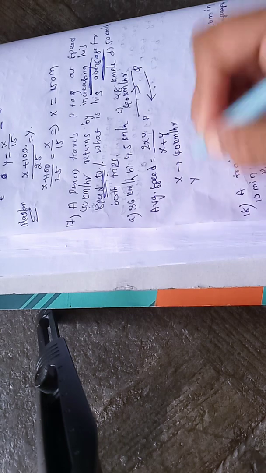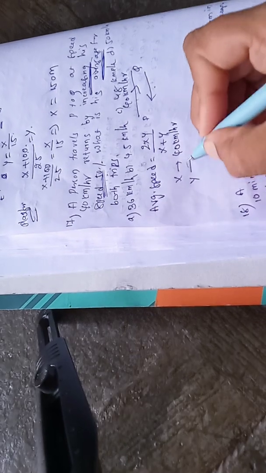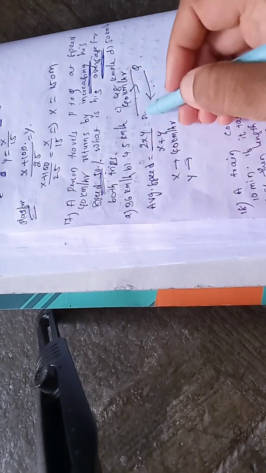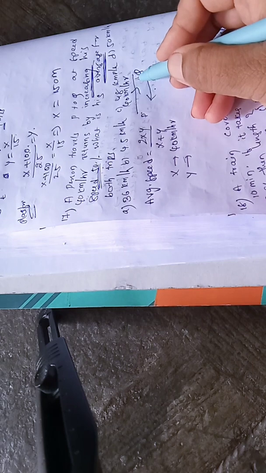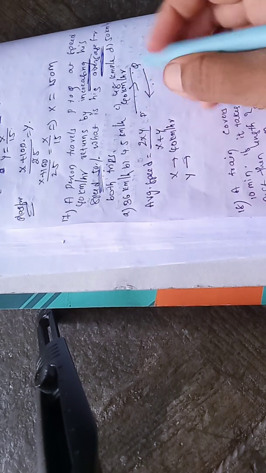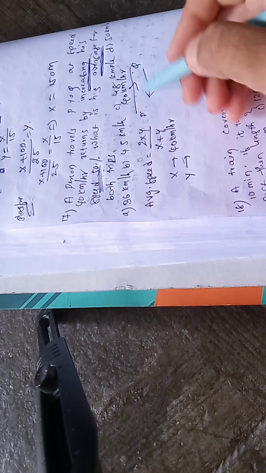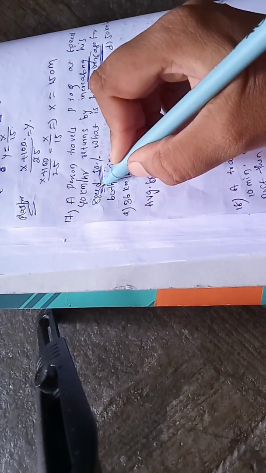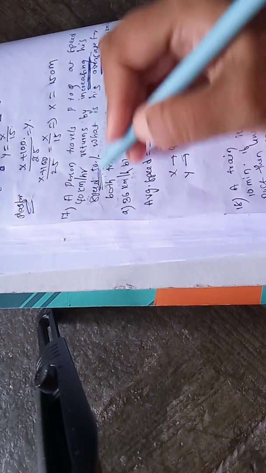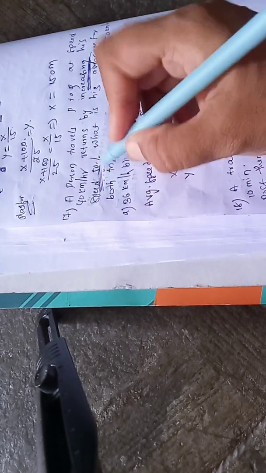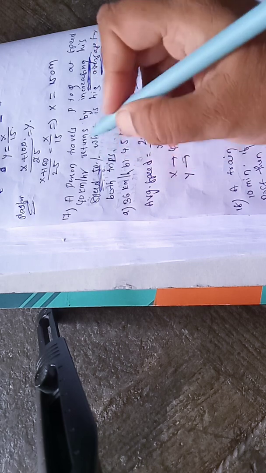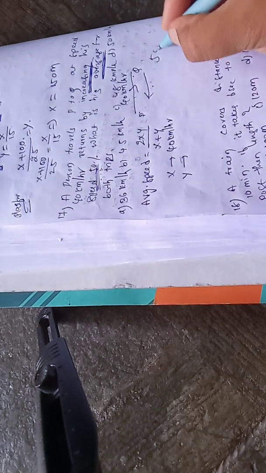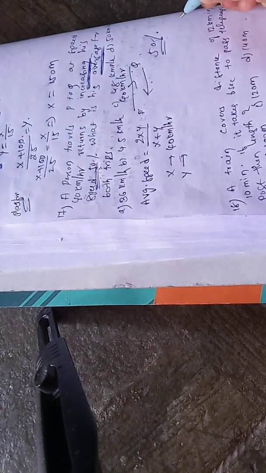He went from P to Q at 40, and again from Q to P. How is it in the return journey? His speed is increased by 50%. How much did he increase? 50%, right?